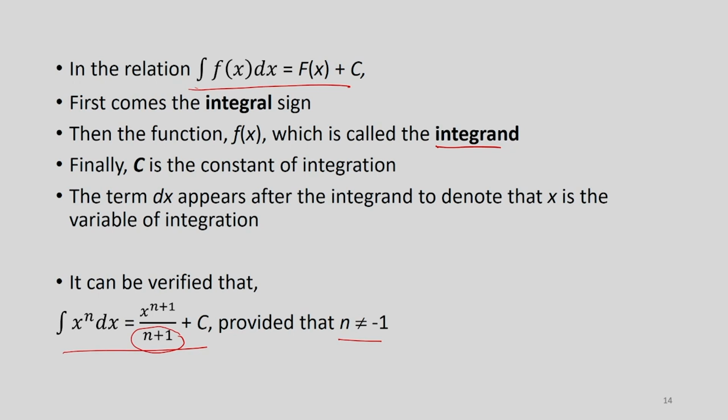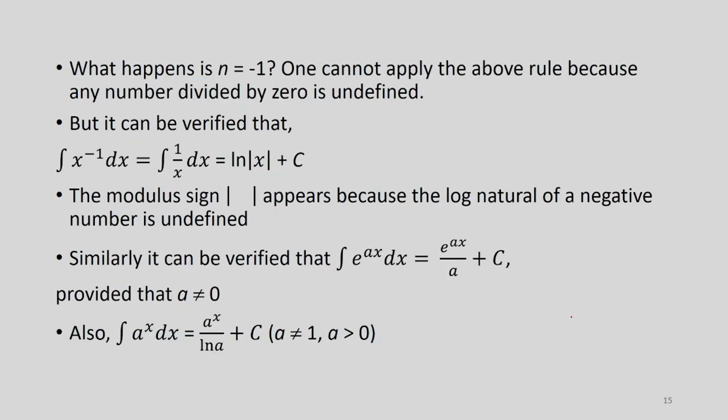So the question that naturally arises is, if you have to integrate x to the power n and n is equal to minus 1, then how do you do it? This above rule cannot be used, but we have another formula which is x to the power minus 1, as we know, is 1 divided by x, and this can be written as log of modulus of x plus c.